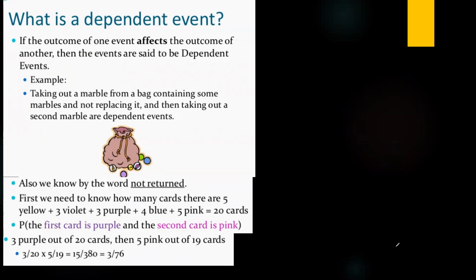Let's take another example, sorry. Here now you have a box as an example, and inside this box we have many marbles. Inside this box here, what do we have? We have 5 yellow, 3 purple, 3 violet, 4 blue, and 5 pink.